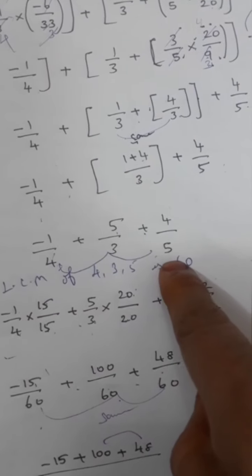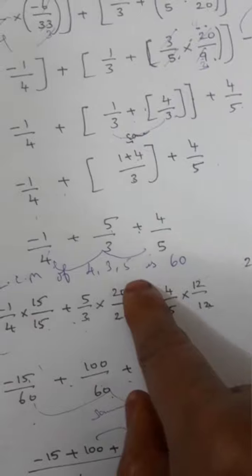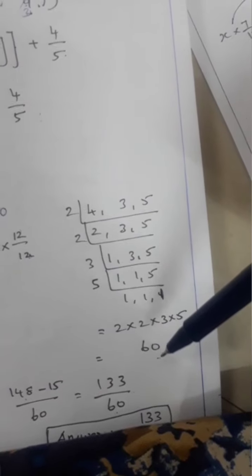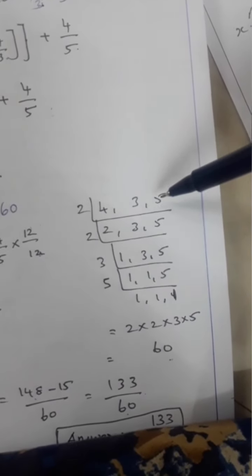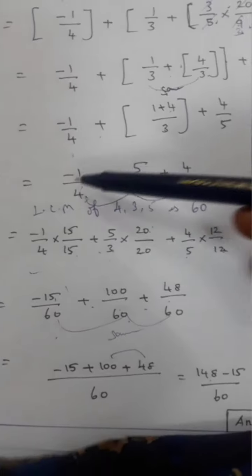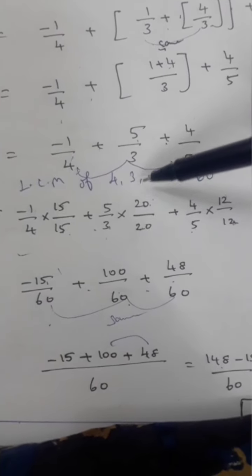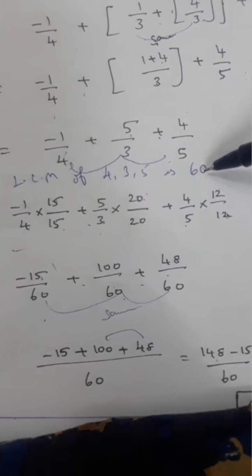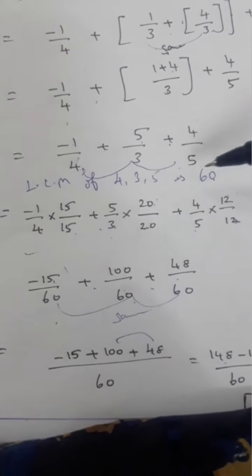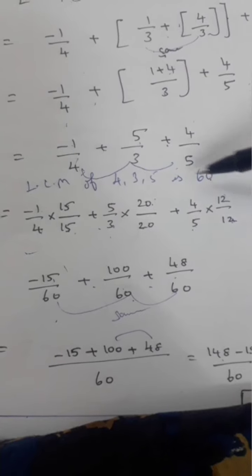3 numbers are different, must take the LCM. So 4, 3, 5, LCM is what is the answer? 20? No, the LCM of 4, 3, 5 is 60. So LCM of 4 comma 3 comma 5 is 60. Minus 1 by 4. So 4 into which number gives 60? 15.